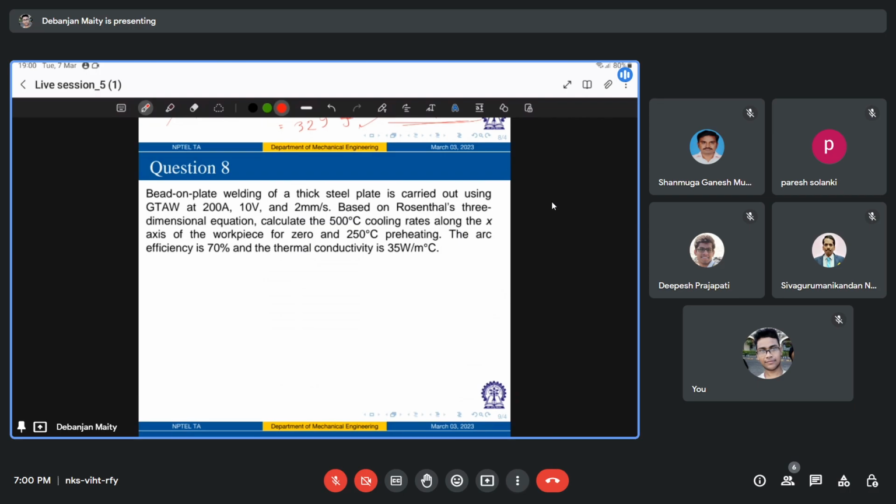Okay, guys, read the question. It says that you have some welding of a thick steel plate where you're using 200 amp, 10 volt, and some welding speed as provided.